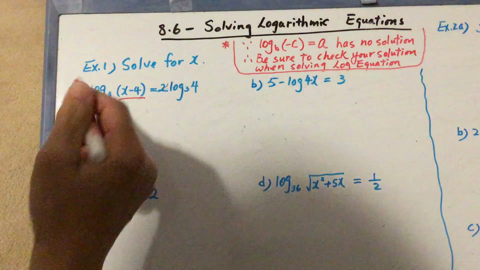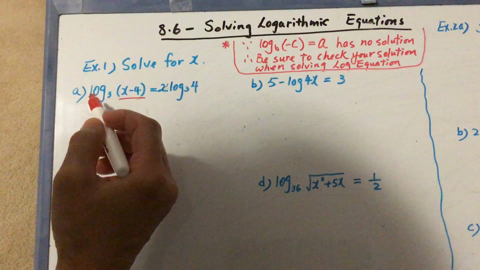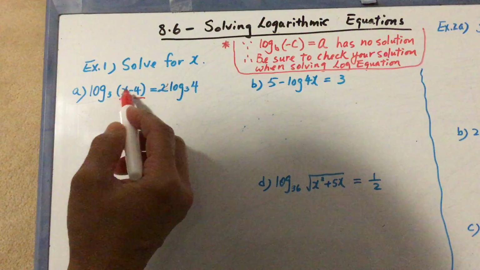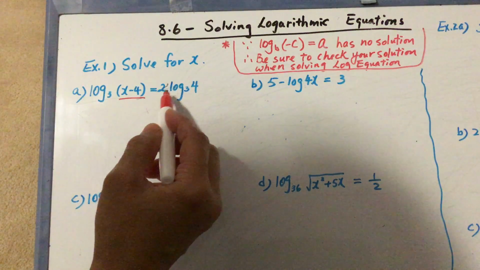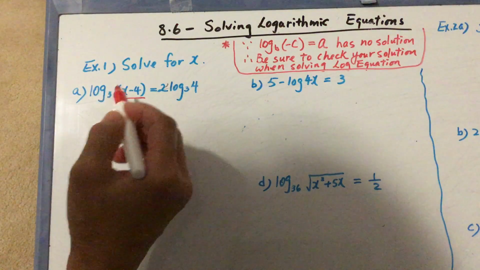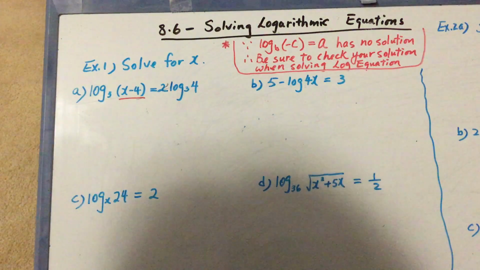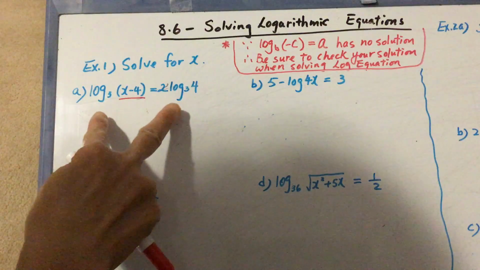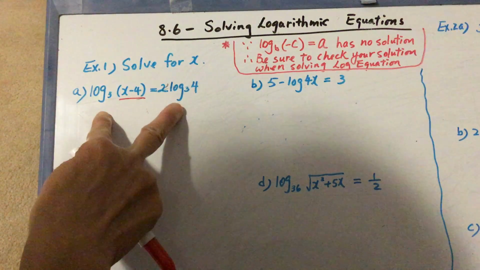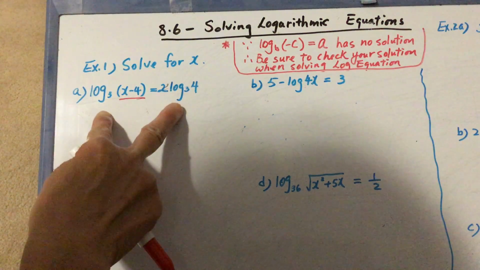Okay, so let's start with example number 1a. We have log 3 of (x minus 4) equal to 2 log 3 of 4. Now remember that you can equate the two sides when they have the same base.